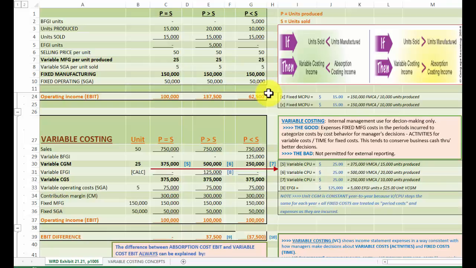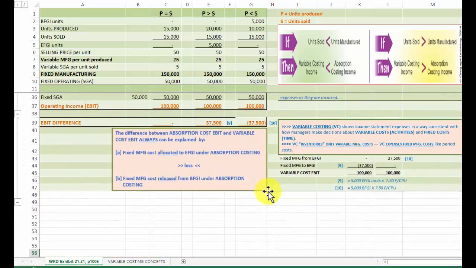Accordingly, full absorption costing income would be less than variable costing income when the number of units sold exceeds the number of units produced. The takeaway point here is that it's always possible to reconcile absorption costing income with variable costing income by calculating the amount of fixed costs that would be in the ending inventory.